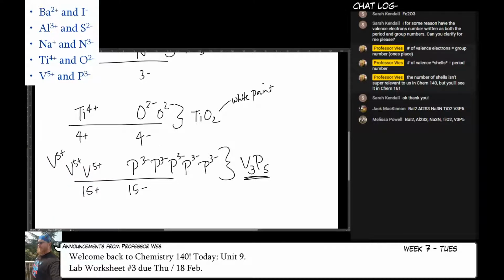Now, there is a sort of trick that you can do where you say, okay, I have 5 and 3. The common multiple between those would be 5 times 3 equals 15. And that'll be the charge that you should end up with. But that doesn't always work. If you have two numbers that are not divisible by one another, like 5 and 3, there's no number that they share in common, then this works.